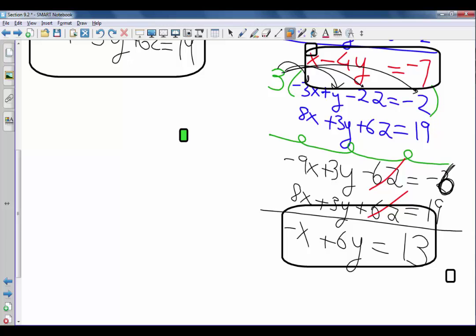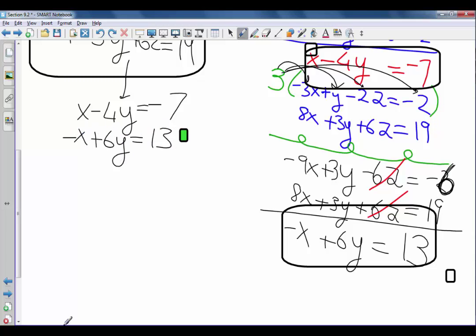So this is now your new pair. This messy system turned into only 2 equations. One is x minus 4y equals minus 7, that's the top. And the second is minus x plus 6y equals 13. 3 unknowns gone.